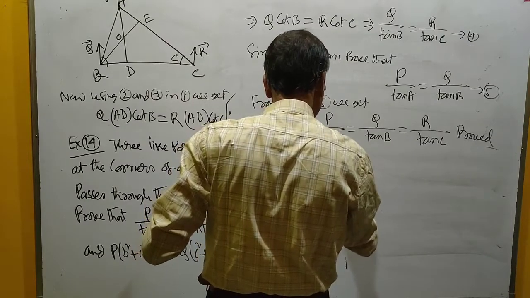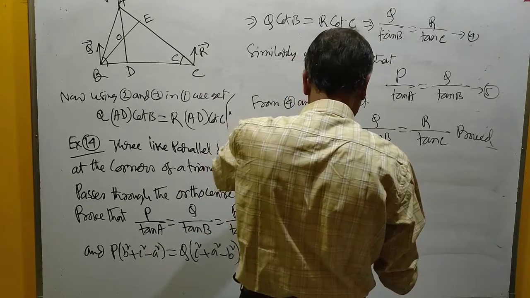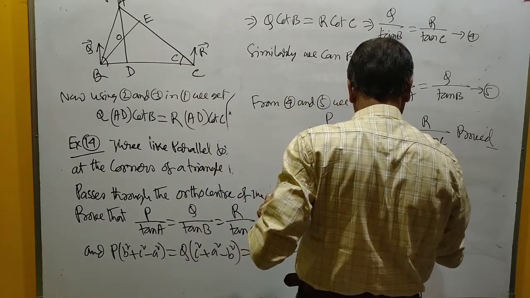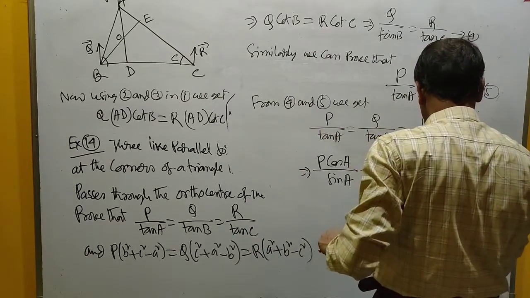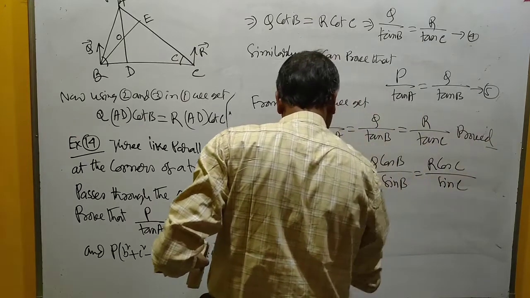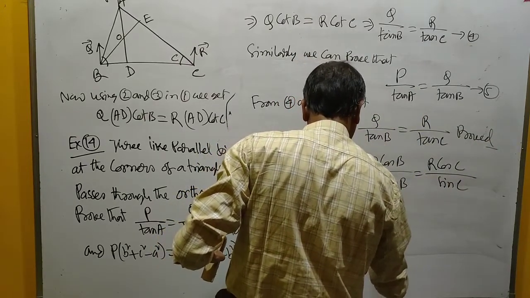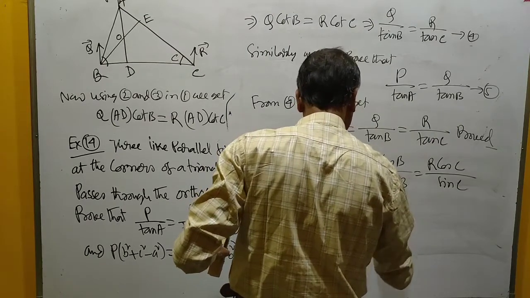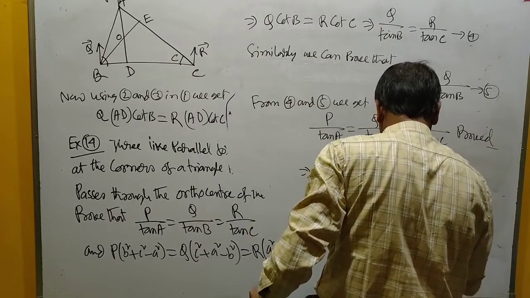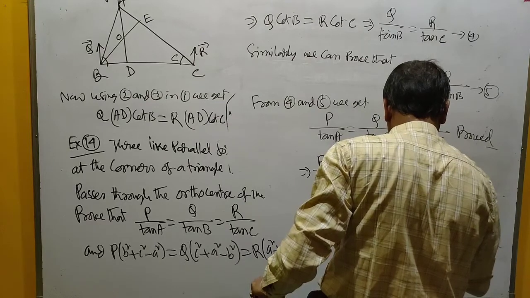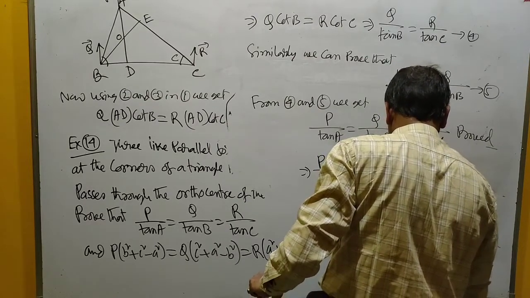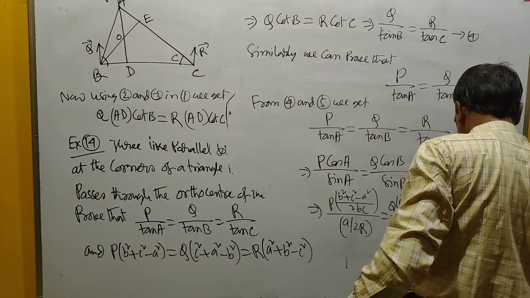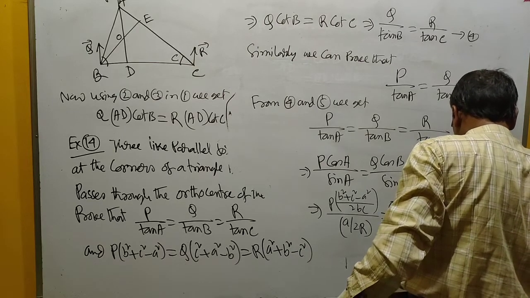This means P by tan A, where tan A is sin A by cos A, so you may write P cos A by sin A equal to Q cos B by sin B equal to R cos C by sin C. This means that sin A is a by twice R. So P times (b square plus c square minus a square divided by twice bc) by (a by twice R) equals Q times (c square plus a square minus b square divided by twice ca) by (b by twice R), equals R times (a square plus b square minus c square divided by twice ab) by (c by twice R).